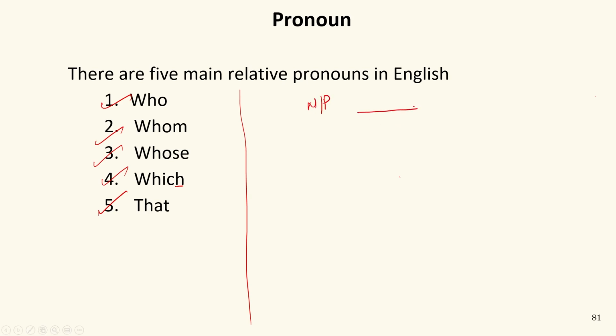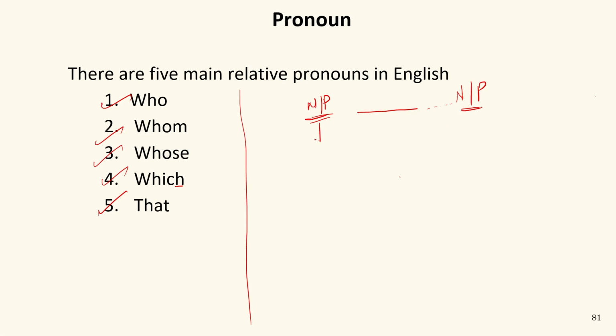We have a relative pronoun. Then again we have a noun or pronoun. Now these are two cases. Now what we do, we should see this noun or pronoun and this noun or pronoun.